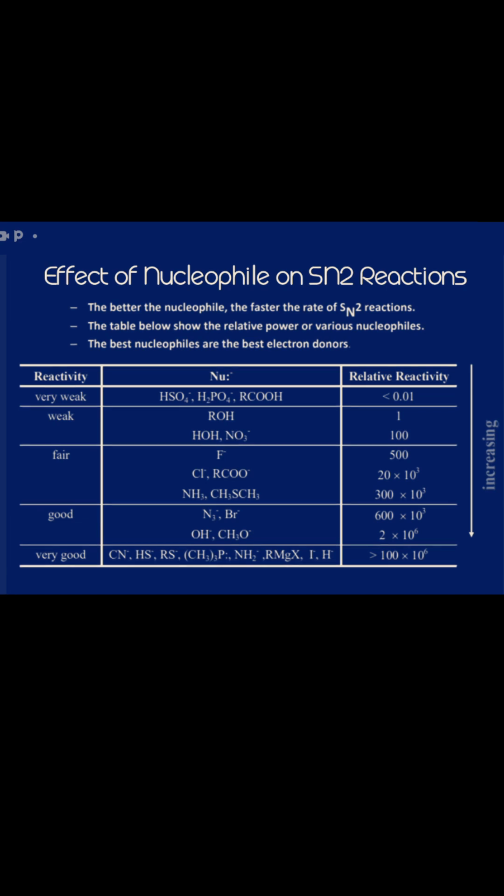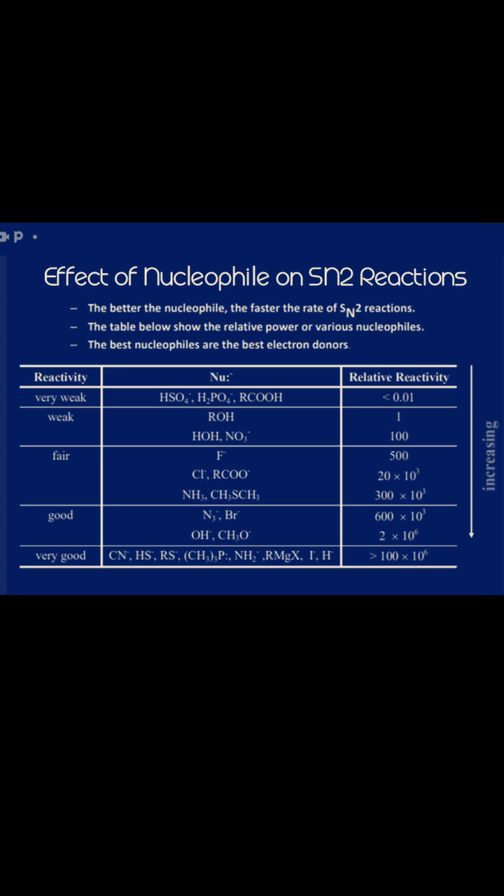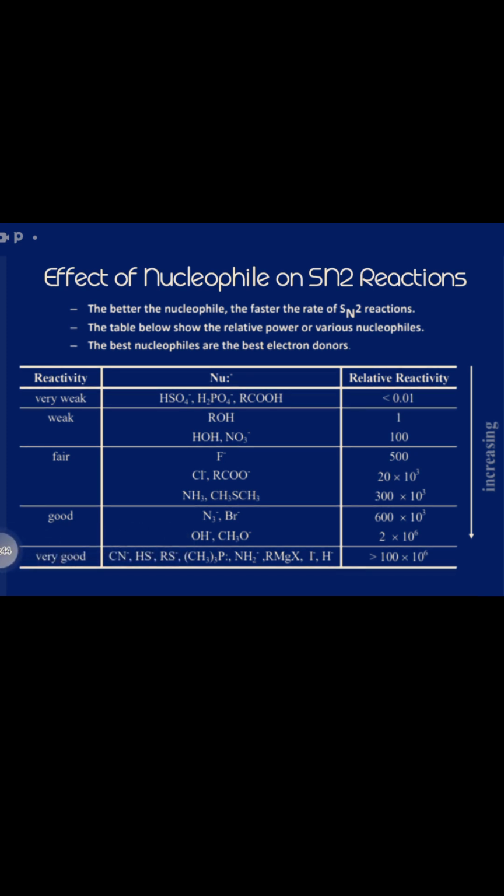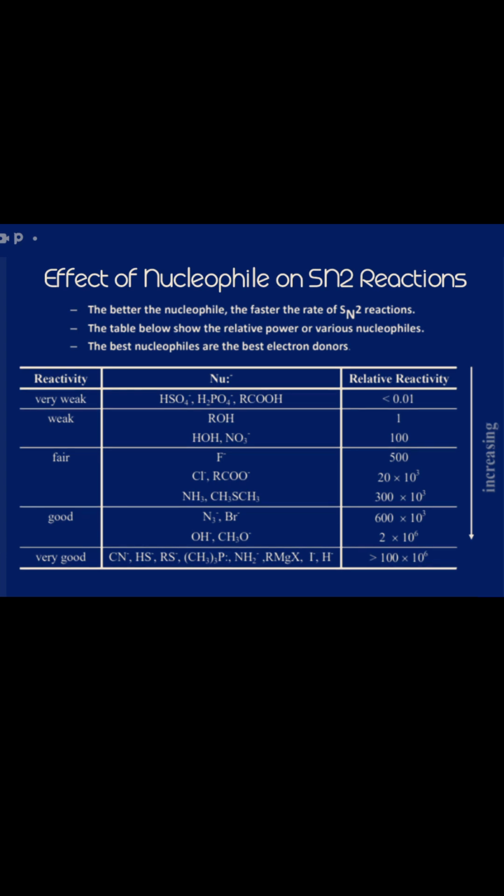So let me describe this table: what relative reactivity is, which substance is weak, and which is a fast nucleophile. Here at the last you can see that CN, HS, RS, and all these are very good, and they have very high relative reactivity.